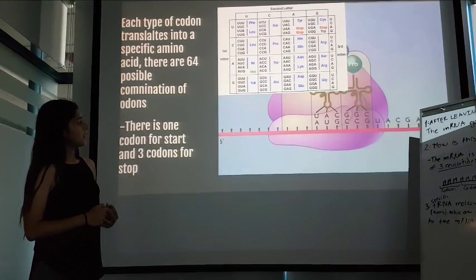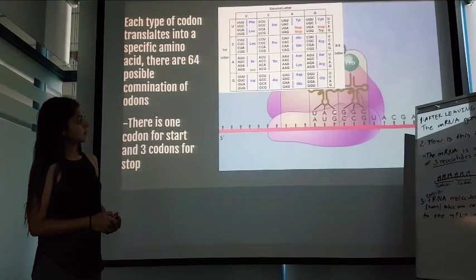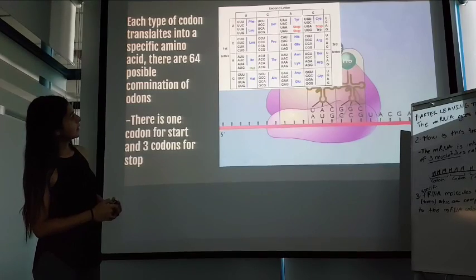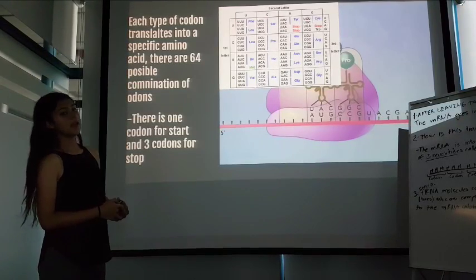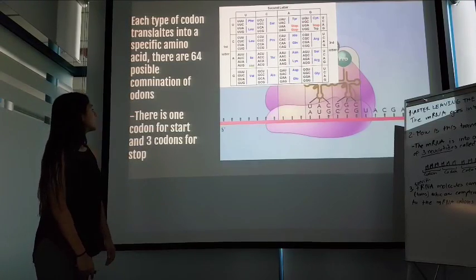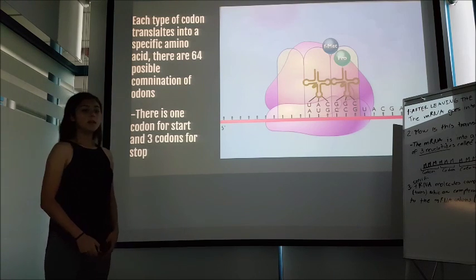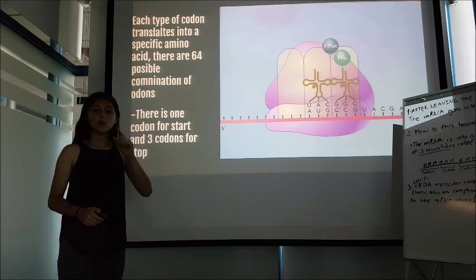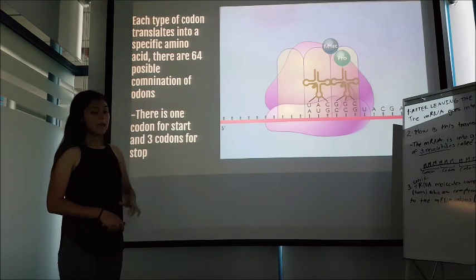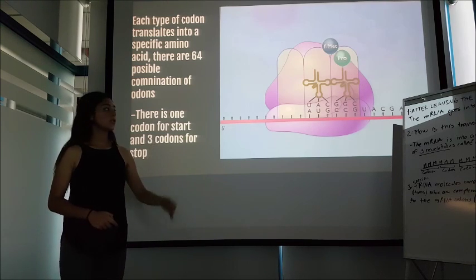For example, here, UAC translates into a TYR amino acid. There is a specific codon for start, and three specific codons for stop.